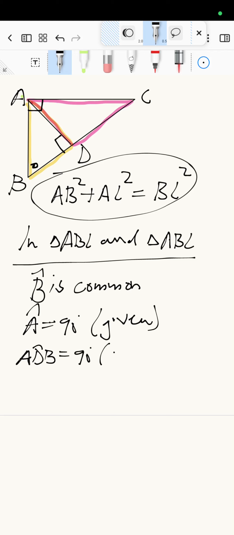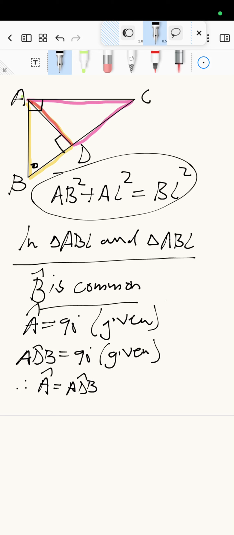That's also given. Therefore, angle A is equal to angle ADB. You could have said these two statements in one, but that's also okay.